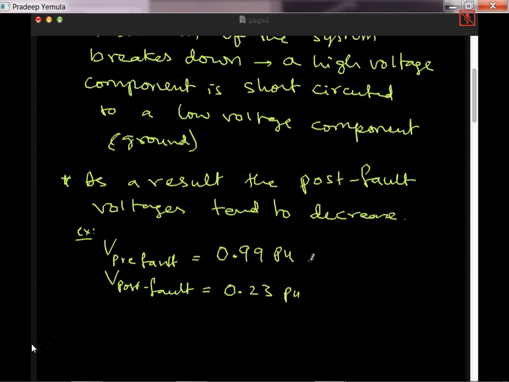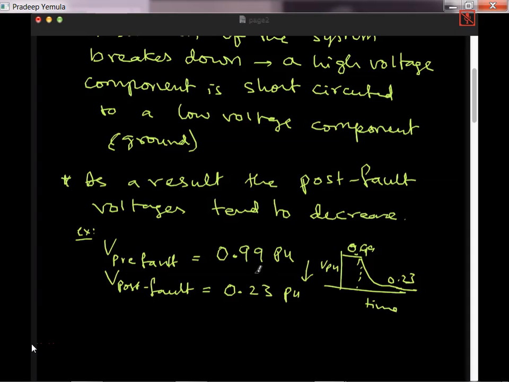This is just an example. So there is a sudden decrease, from 0.99 suddenly it decreases to 0.23. There will be some transient. So this is V in per unit, this is time. There is a fault at this time, so suddenly the voltage will fall. So that is what we are seeing.